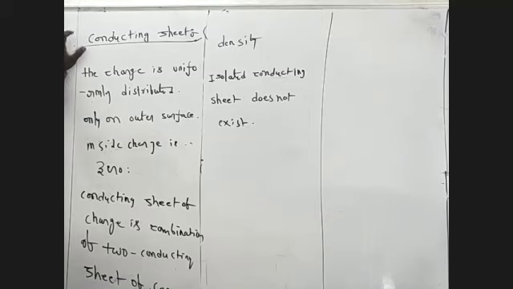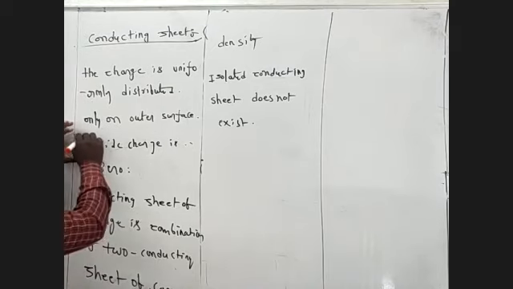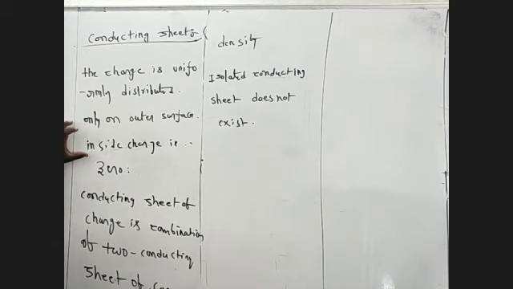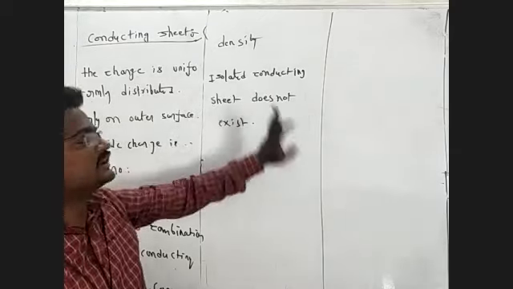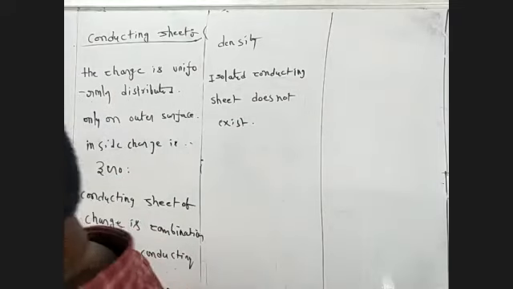This is very important. In a conducting sheet, the charge is uniformly distributed only on the outer surface, inside charge is zero. A conducting sheet of charge is a combination of two non-conducting sheets of same surface charge density. An isolated conducting sheet does not exist.